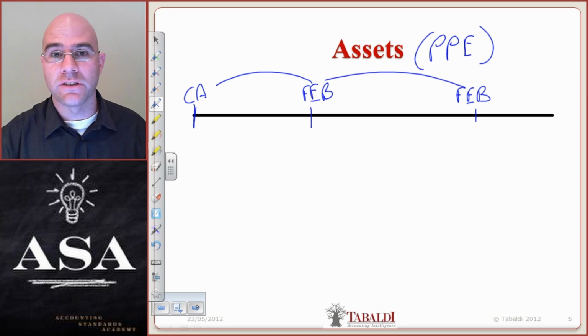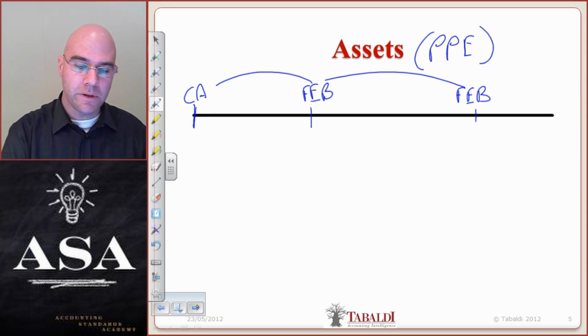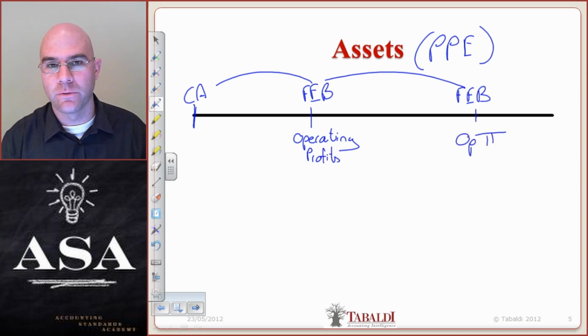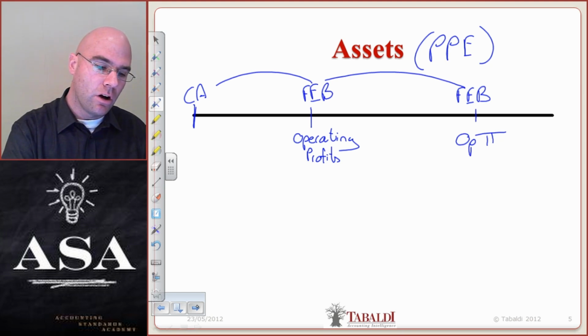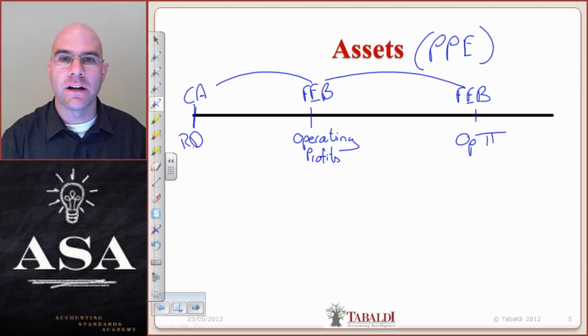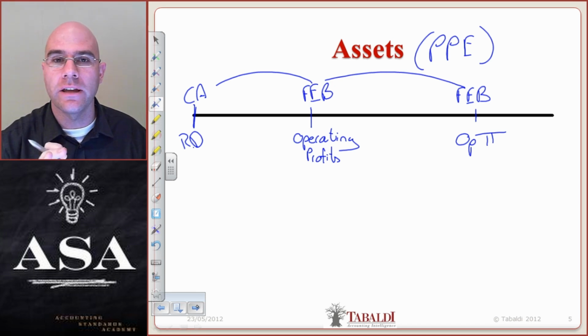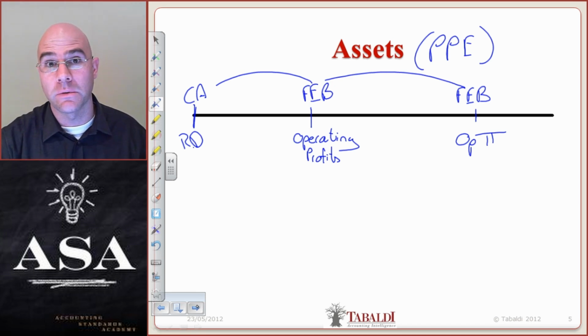Now, for an item such as property, plant and equipment, those future economic benefits probably are operating profits. I'm going to use the abbreviation for profits there, PI. So on reporting date, that carrying amount of the asset is no longer thought of as a snapshot of the past and the cost thereof, but it is thought of as the crystal ball to try and view and estimate what those future economic benefits are.